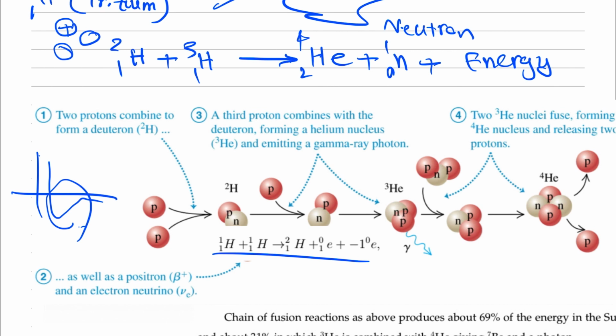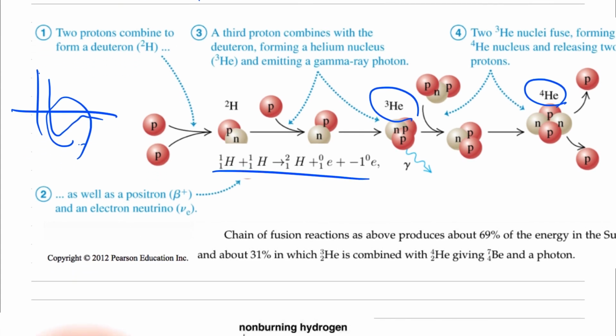Then we generate tritium and then helium-3 as shown here. And in the last step, using the helium-3 and the tritium, we generate helium-4. And in this process, a huge amount of energy is released.